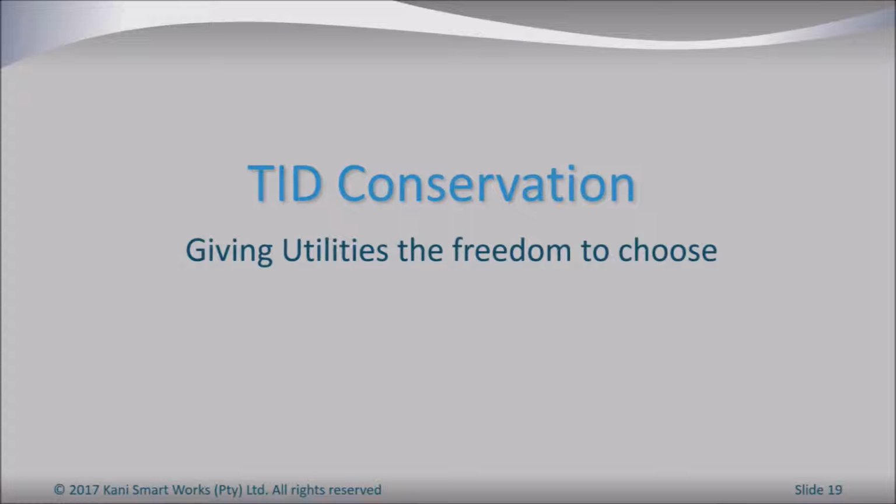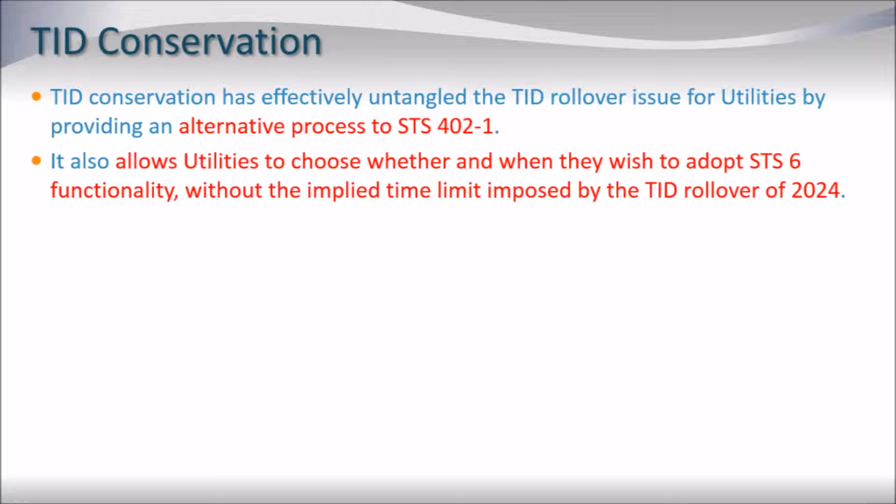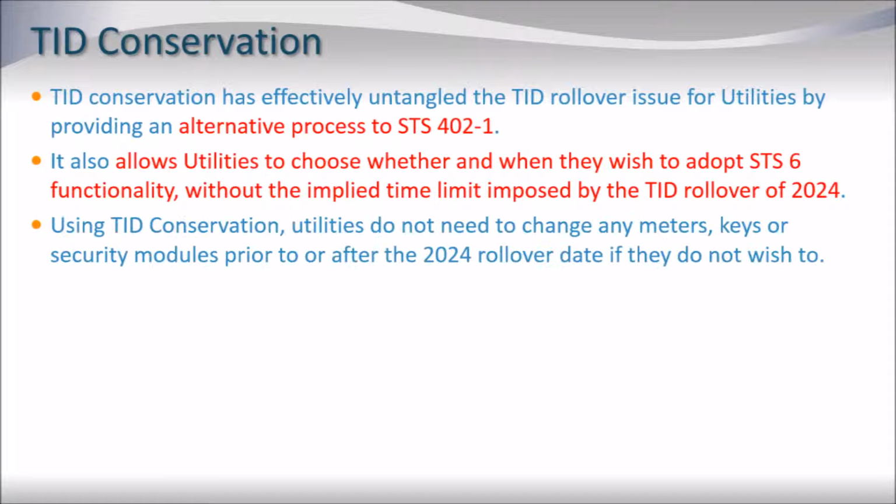TID Conservation gives utilities the freedom to choose with respect to the TID rollover date. Luckily, TID Conservation has effectively untangled the TID rollover issue for utilities by providing an alternative process to STS 4021. It allows utilities to choose whether and when they wish to adopt the STS 6 features without the implied time limit imposed by the TID rollover 2024.